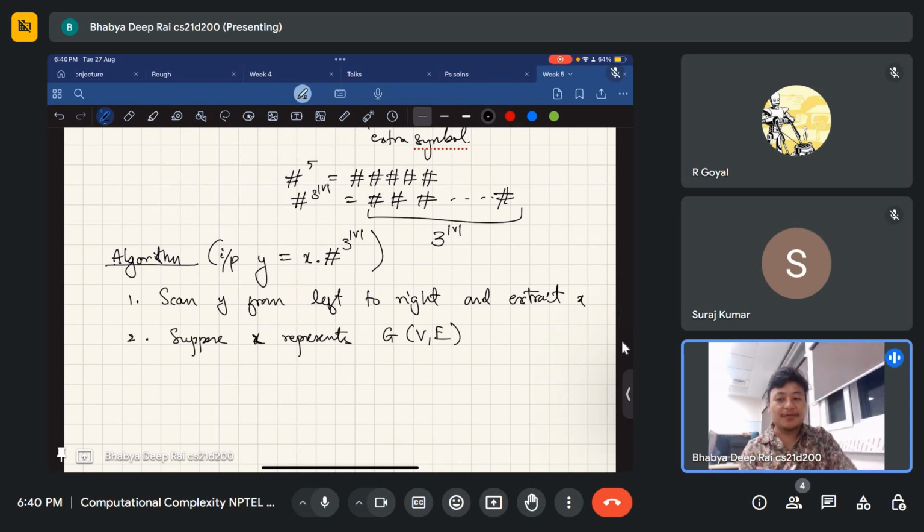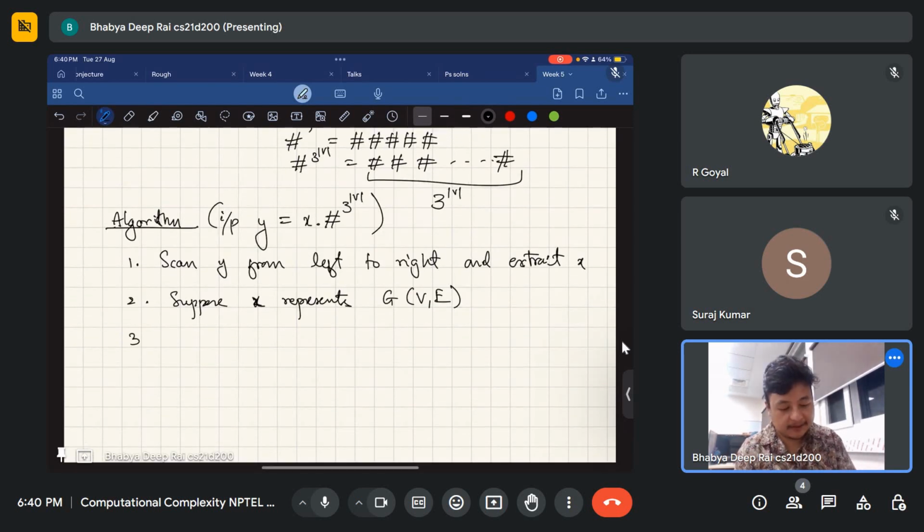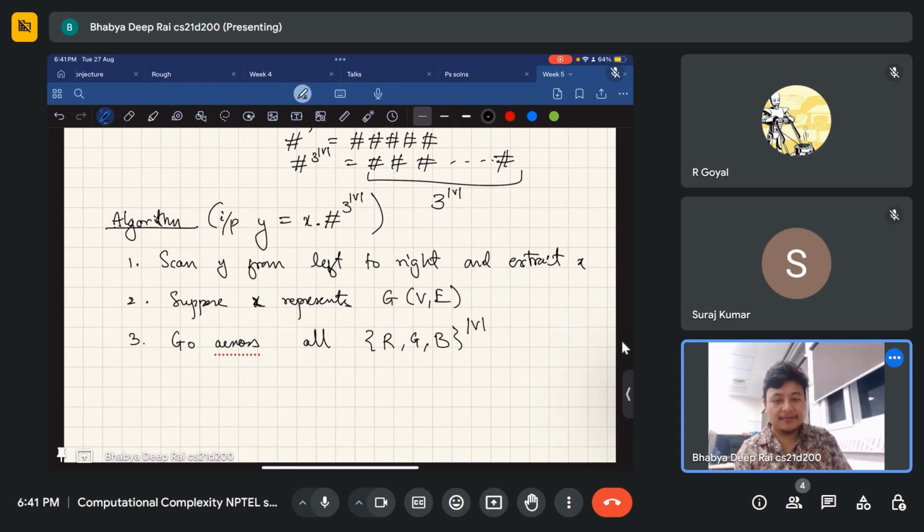Now I use the brute force algorithm. Go across all red, green, blue to the power V. It means strings of length V where each symbol is either red, green, or blue.